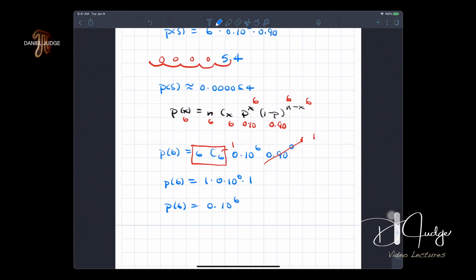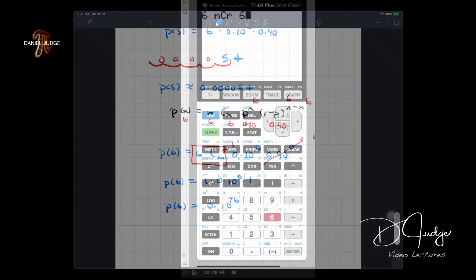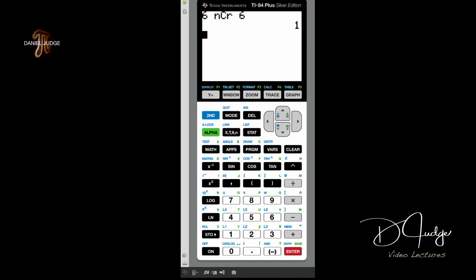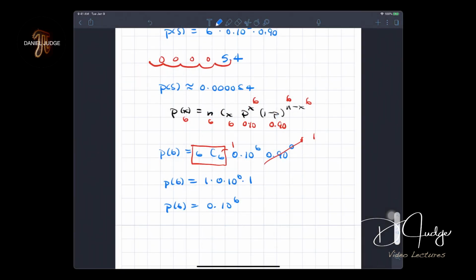Sure enough, it is 1. Here's what I mean. This is 1, we just found this value. 0.9 to the 0 here was 1.